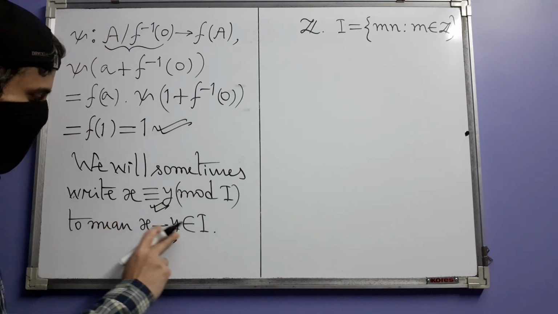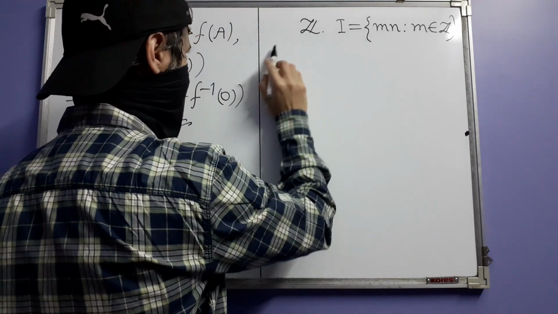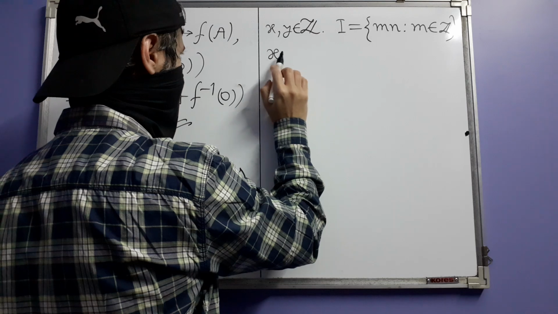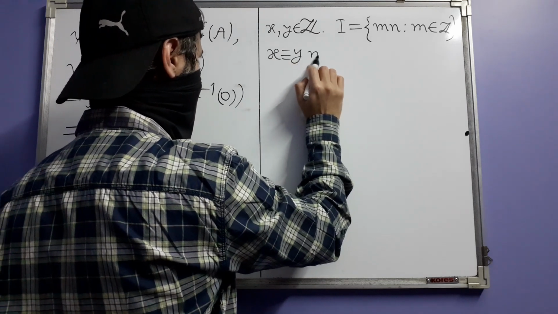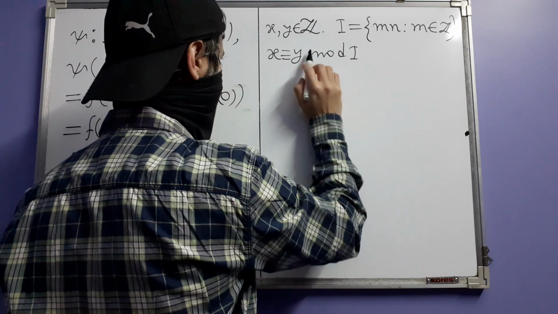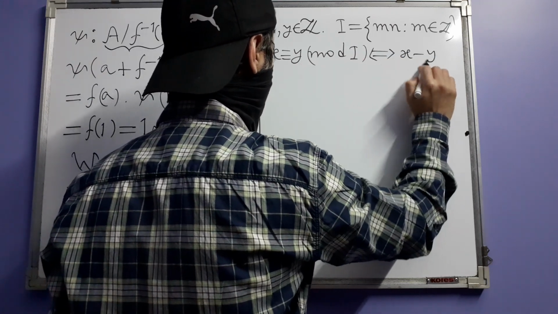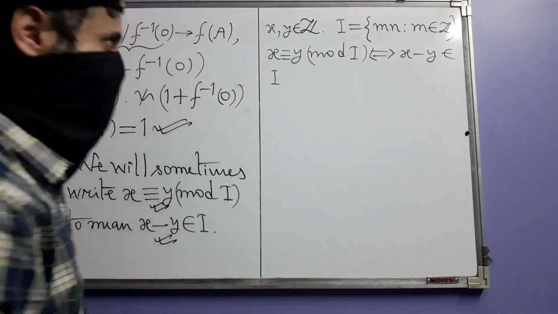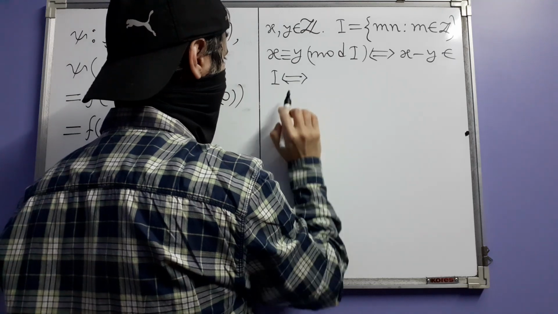So according to this notation, when we say that you have two integers x and y, x is congruent to y modulo I if and only if x minus y belongs to I. But then what does that mean?